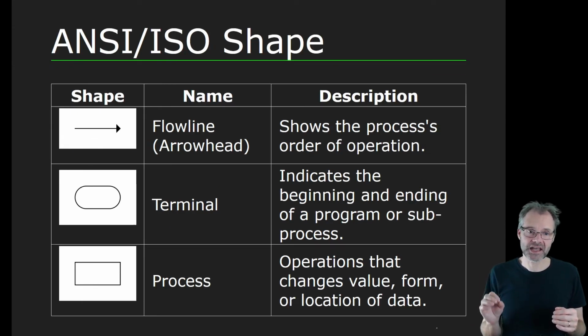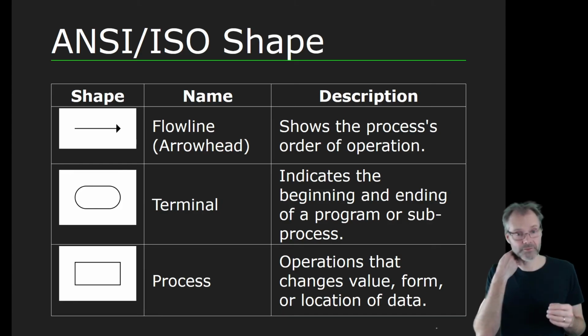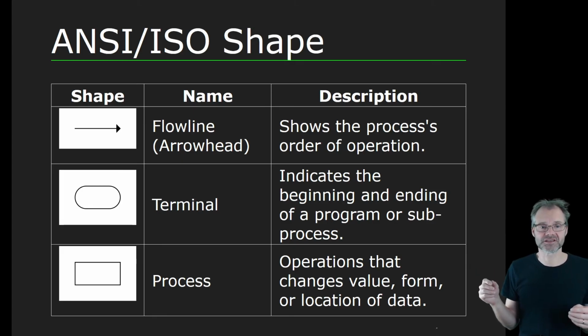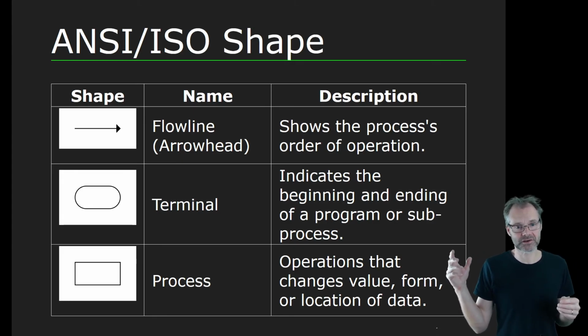The shapes used when drawing flowcharts were standardized a long time ago, by both ANSI and the ISO organization. And here we see a few of these shapes. So we have the flow line or the arrow.